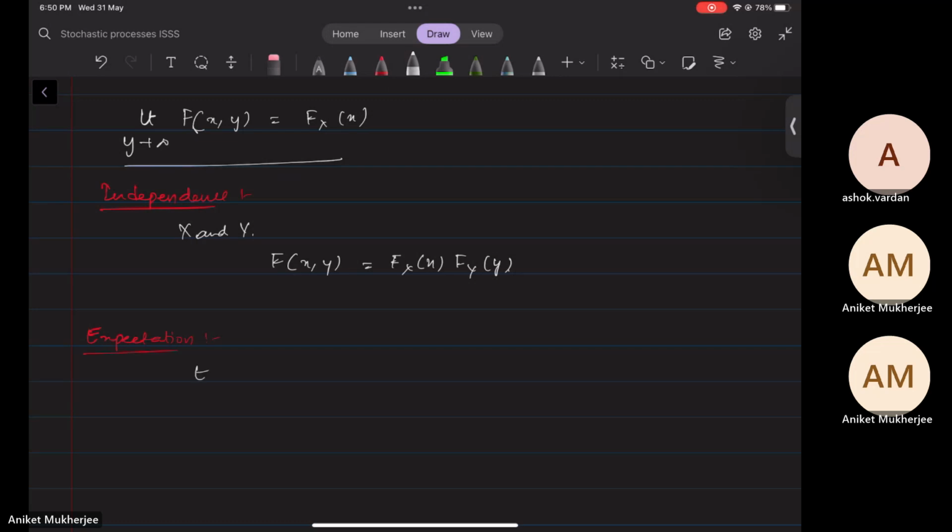The expectation of X is basically the integral from minus infinity to infinity of x f_X(x) dx if X is a continuous random variable, and it is the summation of x times the probability of X equal to x if X is discrete.